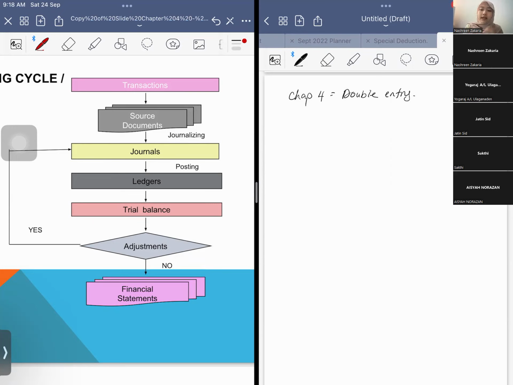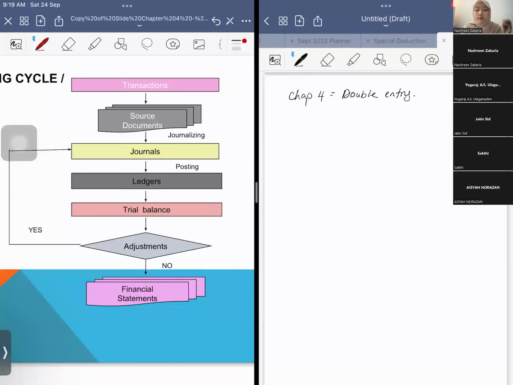So an accountant needs to compile all of the source of documents. We have a lot of types of source of document. We have receipts, debit notes, credit notes, invoices, right? So once a transaction happens, they have to compile all of these source of documents.